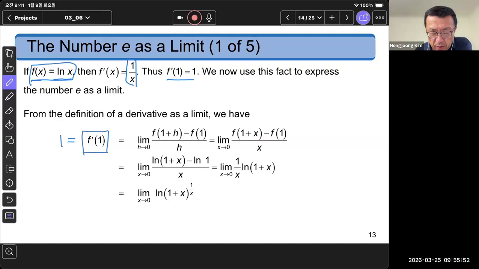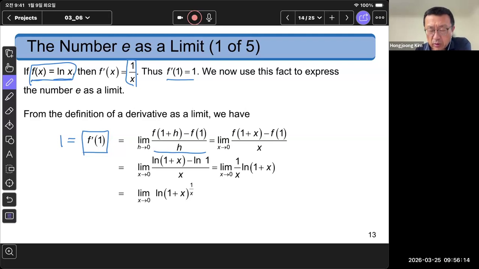Now let us interpret this f prime of 1 using the definition of the derivative. So f prime of 1 was initially defined by this expression, the limit of f of 1 plus h minus f of 1 over h as h goes to 0.